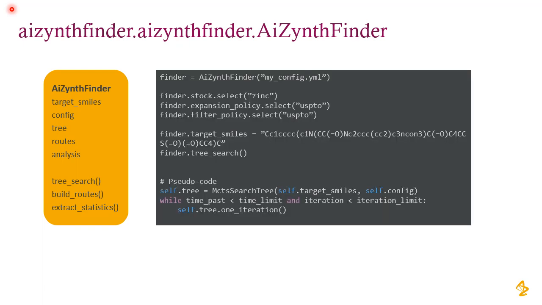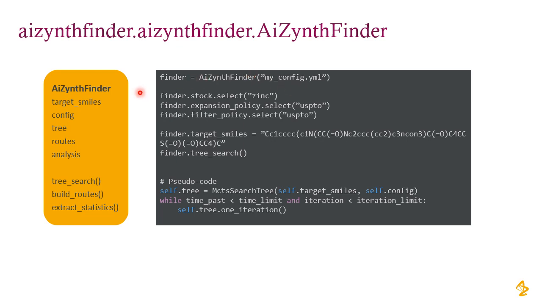This shows how to use the AiZynthFinder class, and at the bottom there is some pseudocode for the tree search method. So you start with instantiating the class and giving it a reference to a YAML file. And as you saw previously, this YAML file will then be read by a configuration class loading stocks and policies into memory.